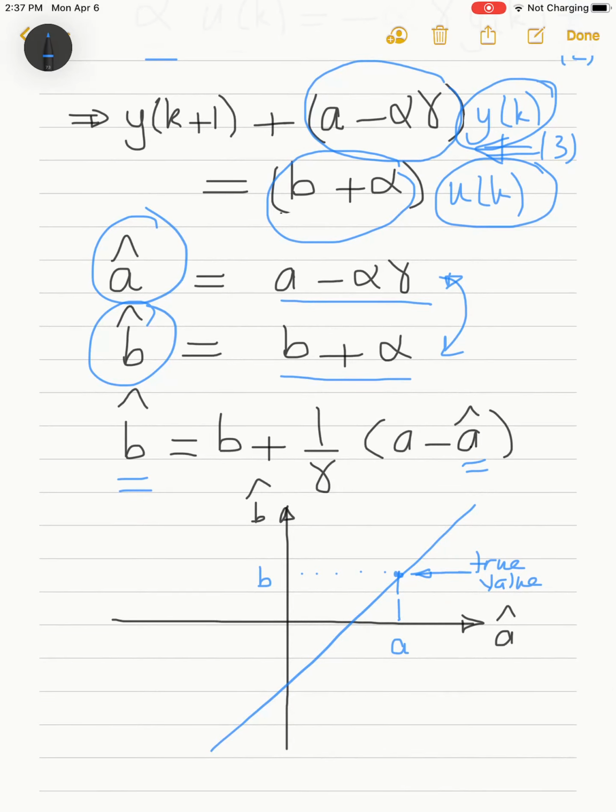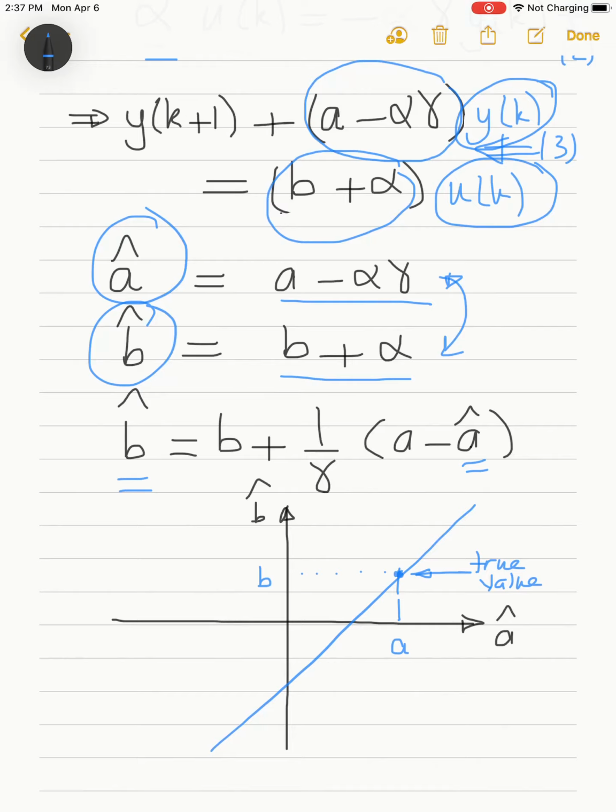The true values that I should get from the parameter estimation experiment would be just a point on this straight line. Now, the difficulty in this setup is that the index function, the cost function that we are using in order to estimate the values a and b, will have the same value on every point on the straight line.